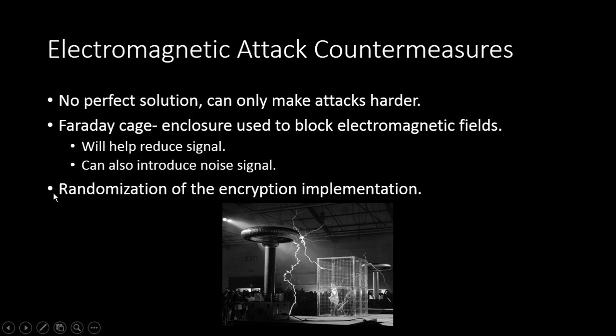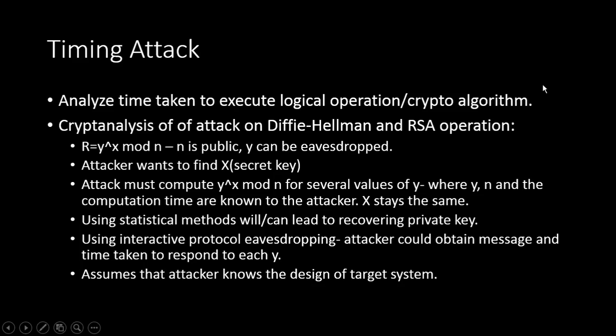And also the second one is a general sort of countermeasure, randomization of the encryption implementation. This helps not only in electromagnetic attacks, but also in timing attacks and other sort of attacks that measure the actual implementation of these encryption algorithms.